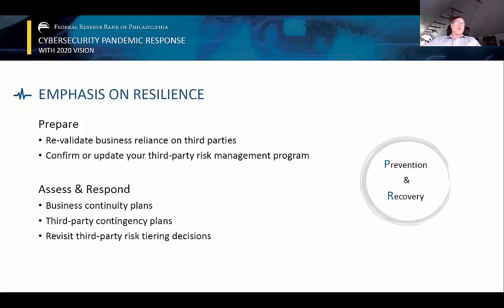So, moving on to assess and respond. For business continuity plans, we definitely want to look at those and ensure there's proper coverage for third-party service reliance. We want to be taking a look at what happens during delays, or outages completely, from these third parties.